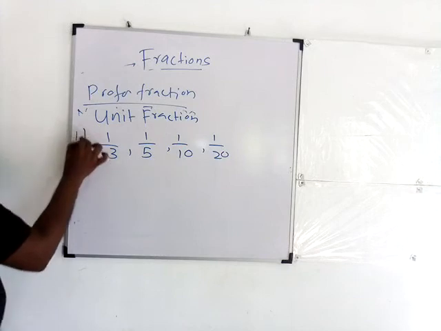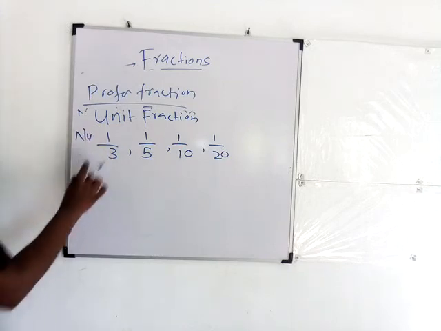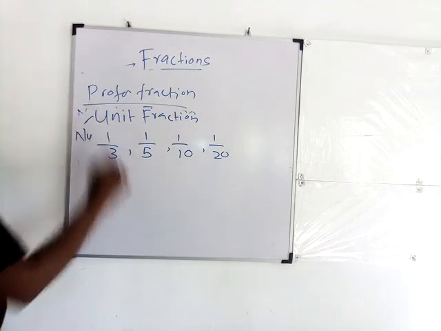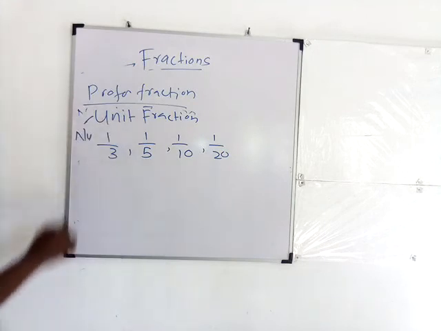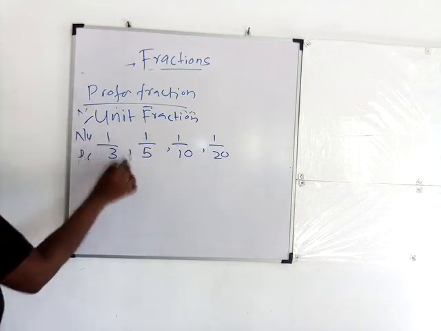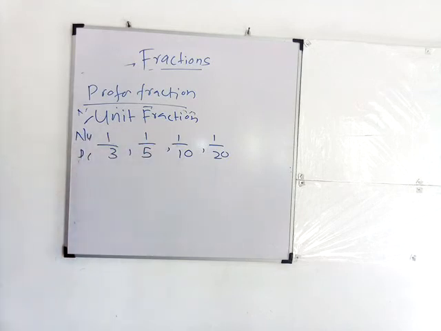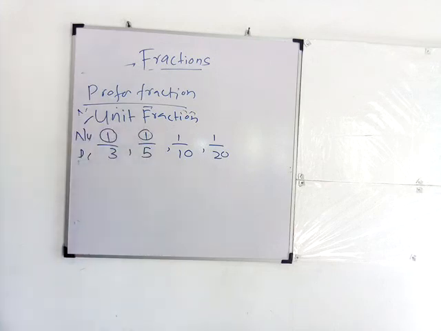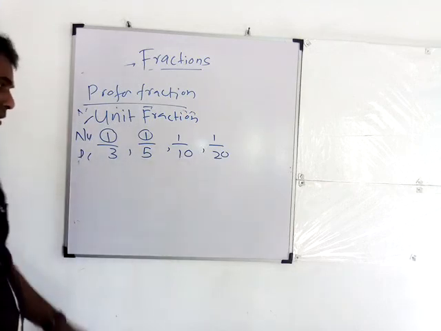The numerator always takes 1. We call that a unit fraction. Numerator always 1. The denominator may change, but the numerator should always be 1. That means unit. Therefore we call this type of fractions unit fractions.